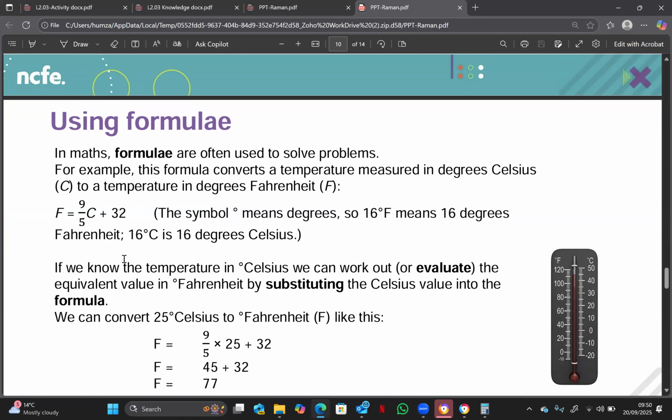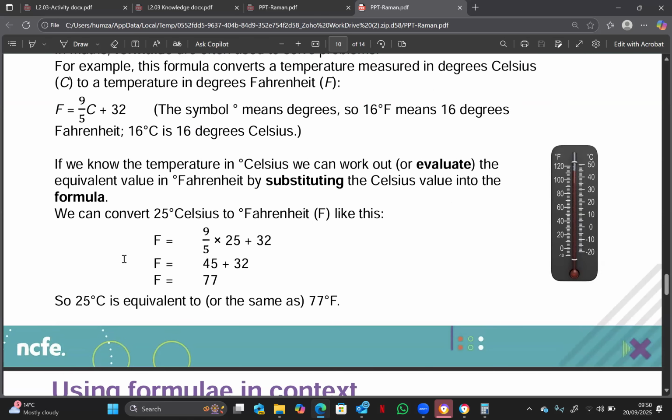The symbol ° equals degrees, so 16° Fahrenheit means 16 degrees Fahrenheit. If we know the temperature in Celsius, we can work out or evaluate the equivalent value in Fahrenheit by substituting the Celsius value into the formula.